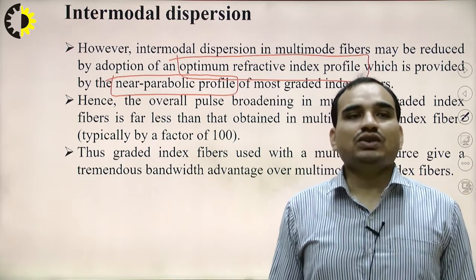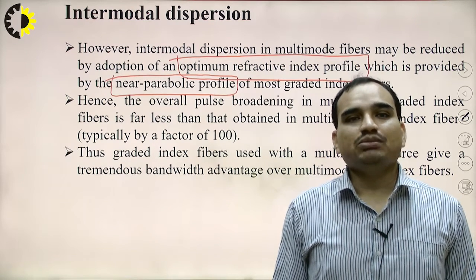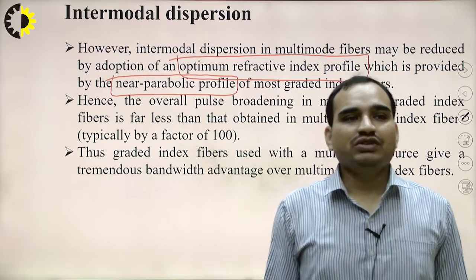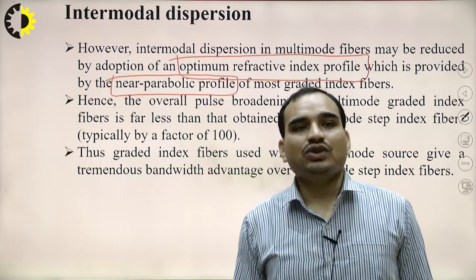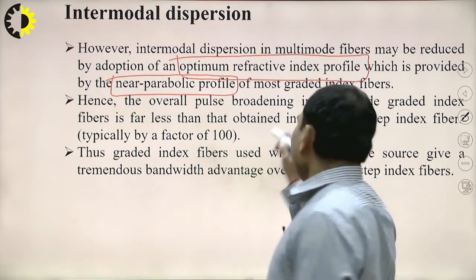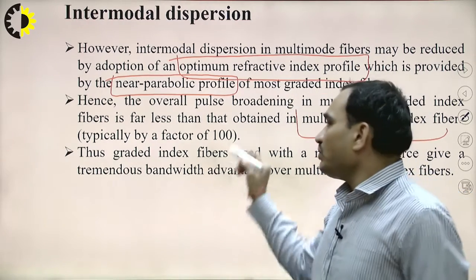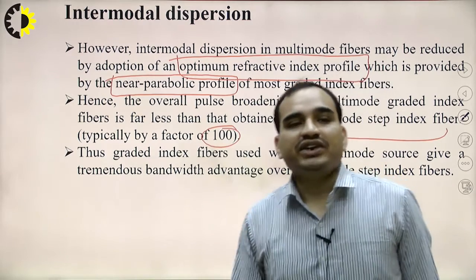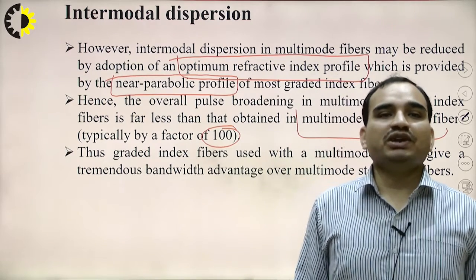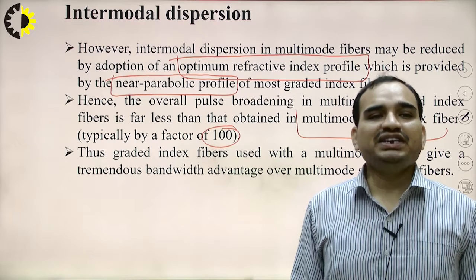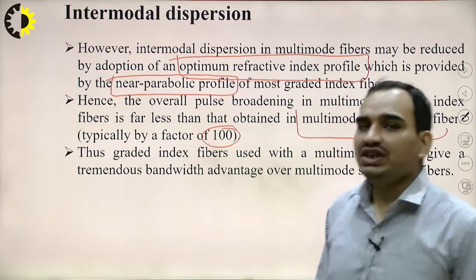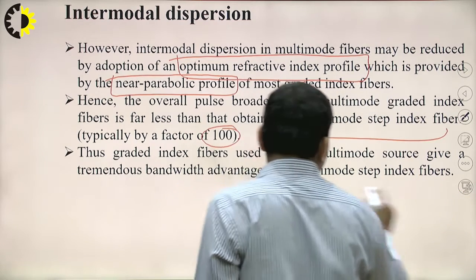Hence the overall pulse broadening in multi-mode graded index fiber is far less than that obtained in multi-mode step index fiber, typically by a factor of 100. Thus, the graded index fiber used with a multi-mode source gives a tremendous bandwidth advantage over the multi-mode step index fibers.